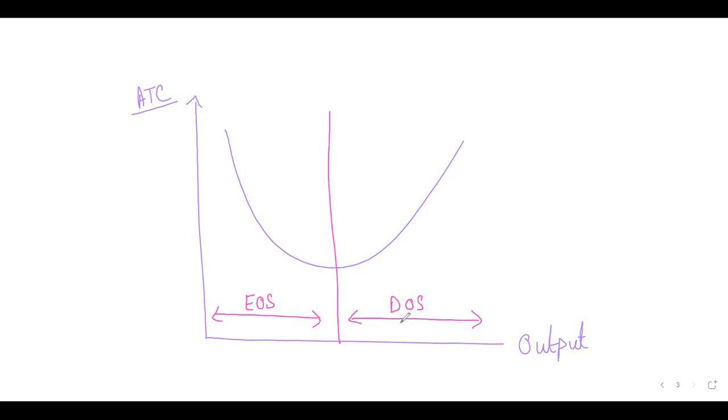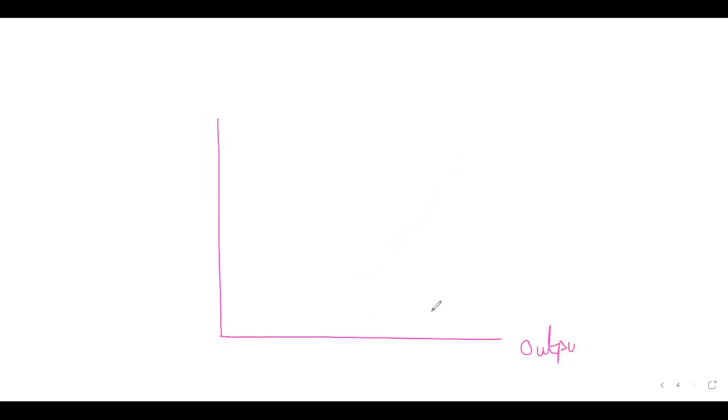But if you imagine that the average total cost is constantly falling over the output, the graph looks like this. So you have your ATC, and it looks like this.